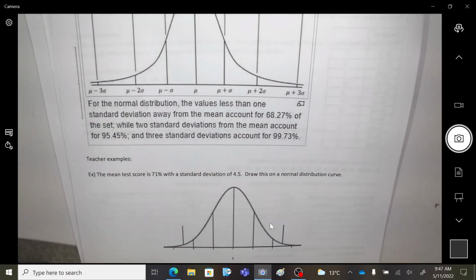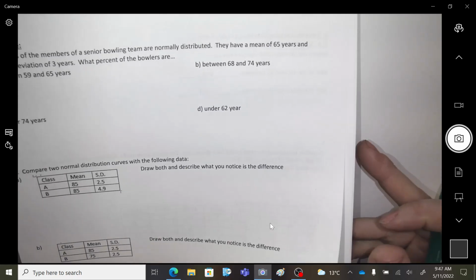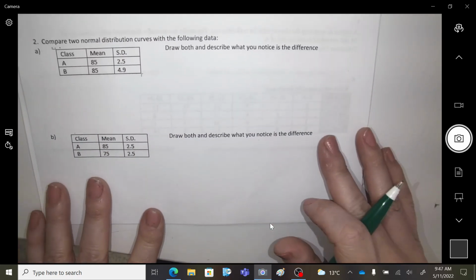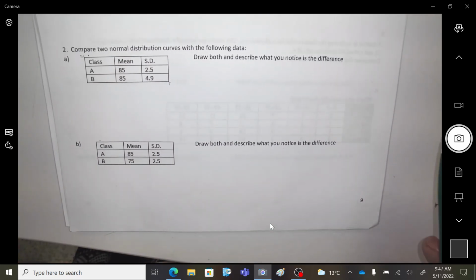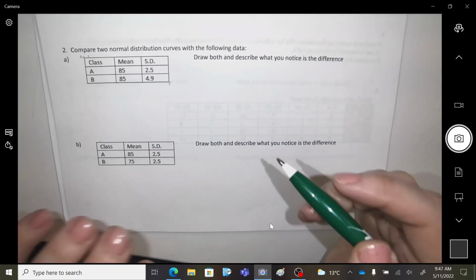Okay, I'm going to do 2 questions with you and then we'll do the rest tomorrow. This is the one I'm doing with you on page 9, number 2. Draw both of these and see what you notice.